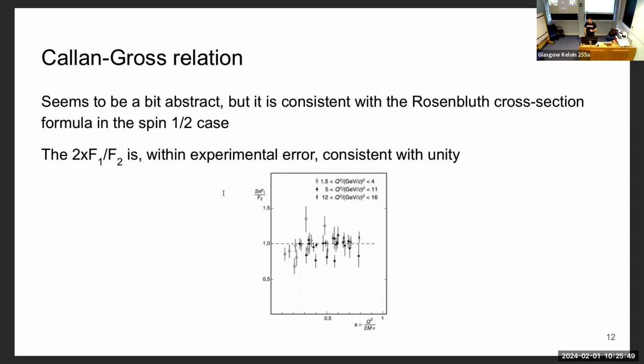You can see that the points are consistent with unity within the experimental error bars. Of course, they didn't have the precision that we have today to do this kind of experiment, but it's quite consistent. So it seems like the naive quark-parton model works in some cases. It makes sense, and it will serve as a basis for the proper theory.